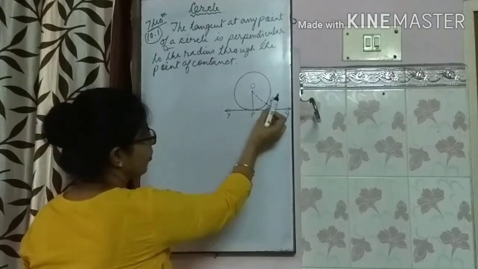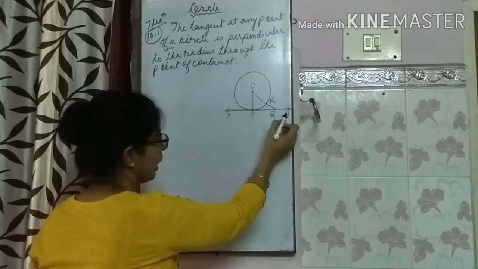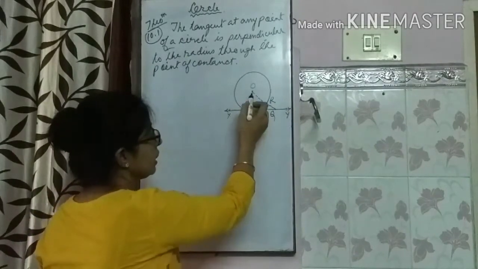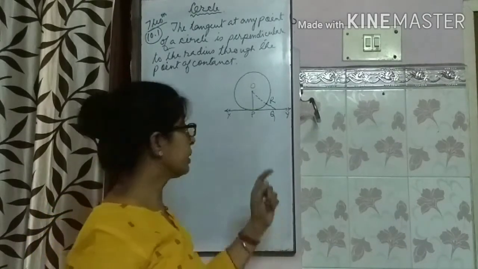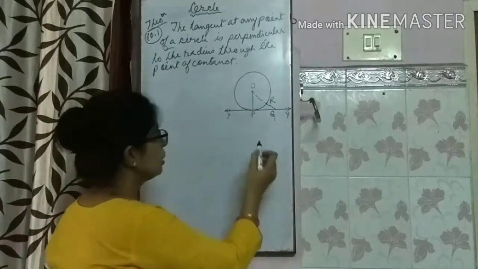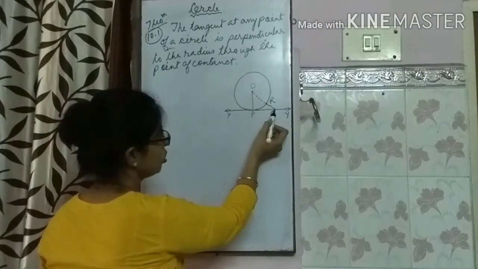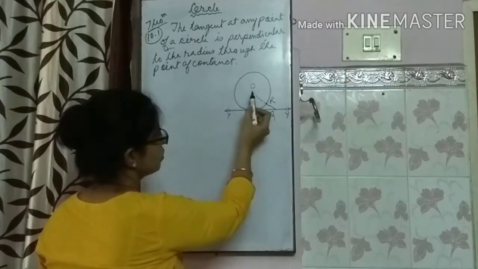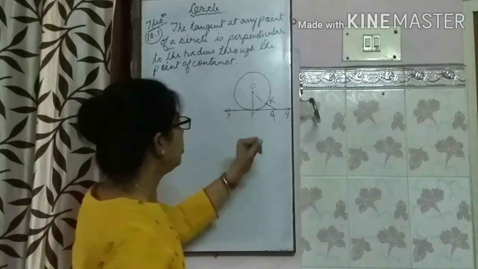But among all those lines drawn to XY, if OP is the shortest, then it will be proved that it's a perpendicular. So here, as I have taken one point and drawn a line OQ, I will prove that OP is shorter than OQ.